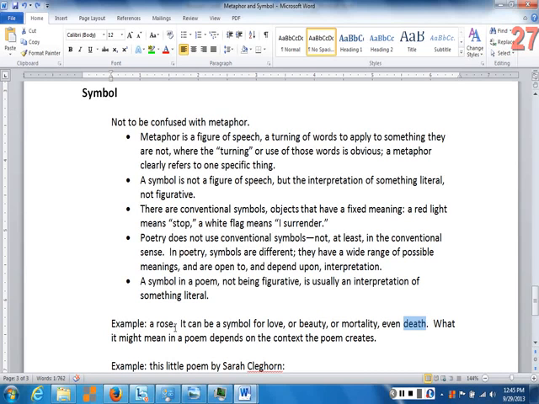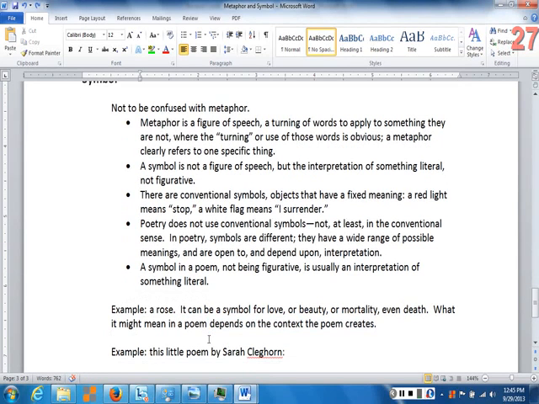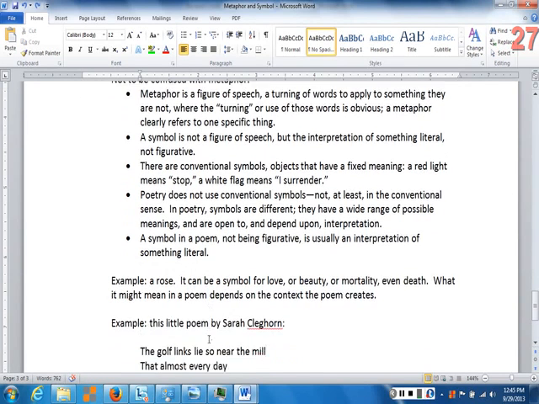So roses can also be used to symbolize mortality or even death. So what that rose means in a particular poem depends on the context that the poem creates. All right, let's look at this little poem by Sarah Cleghorn.